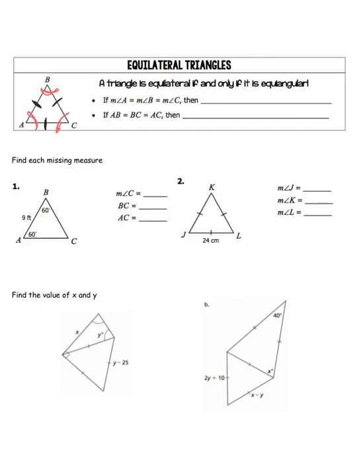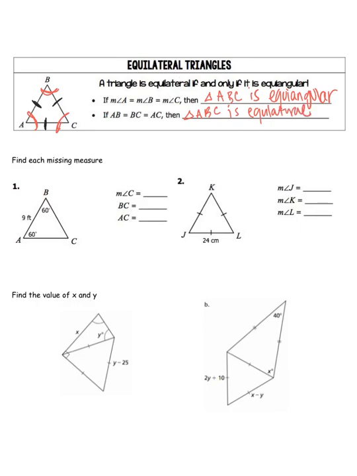So if the measure of angle A equals the measure of angle B equals the measure of angle C, then triangle ABC is equiangular. And if AB equals BC equals AC, then triangle ABC is equilateral.